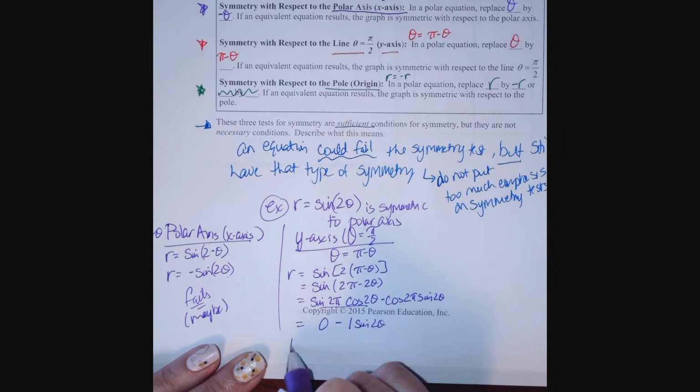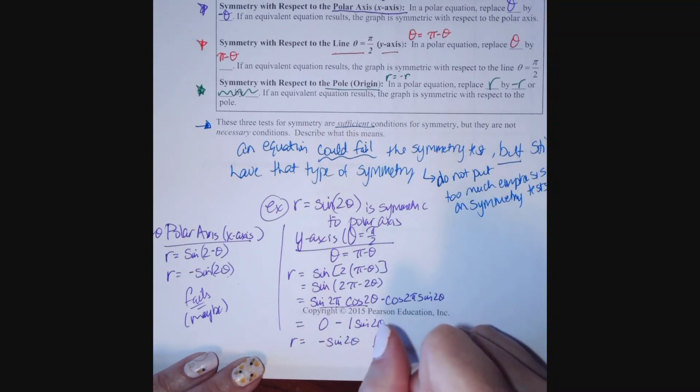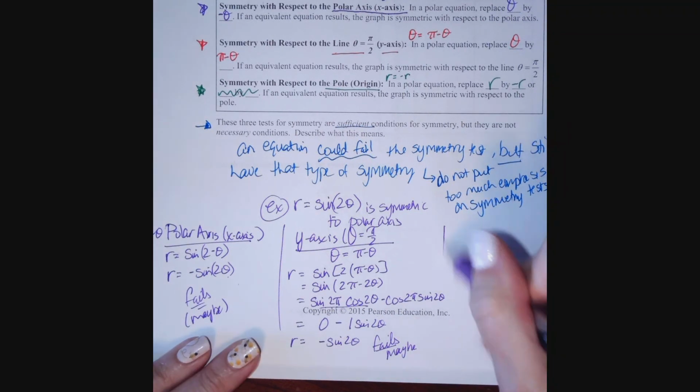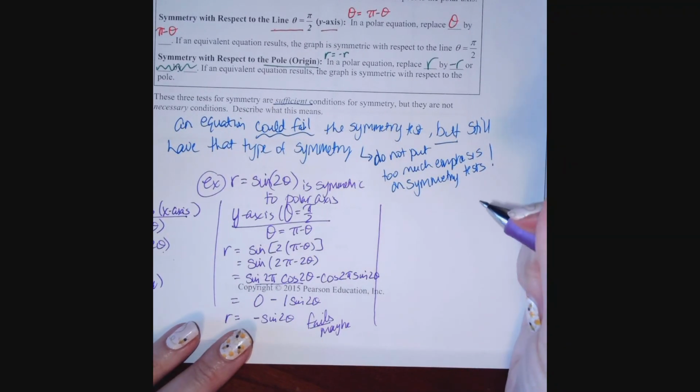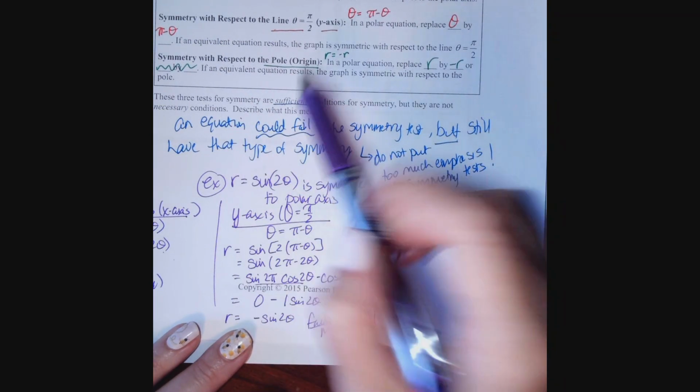So that gives me r equals a negative sine of 2 theta. That's not what I started with. That's the opposite. So it also fails this symmetry test, so my result would be a maybe. And then my third symmetry test is to check for origin or pole symmetry.